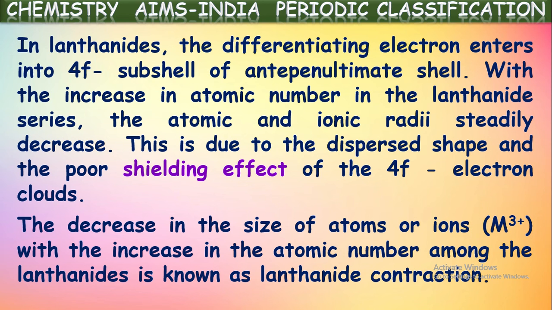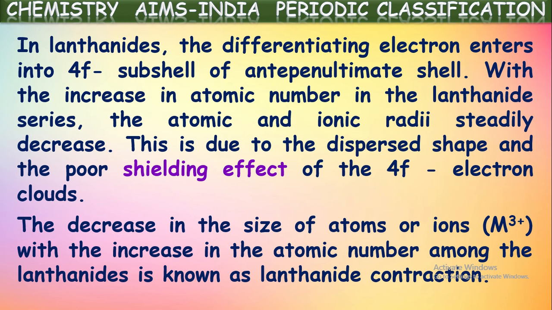And for this 4f, we know the shape is a dispersed shape or complex shape. Not only that, between these 4f electrons and the nucleus, as there are many electrons, these electrons will shield these outer electrons from the nuclear force of attraction.